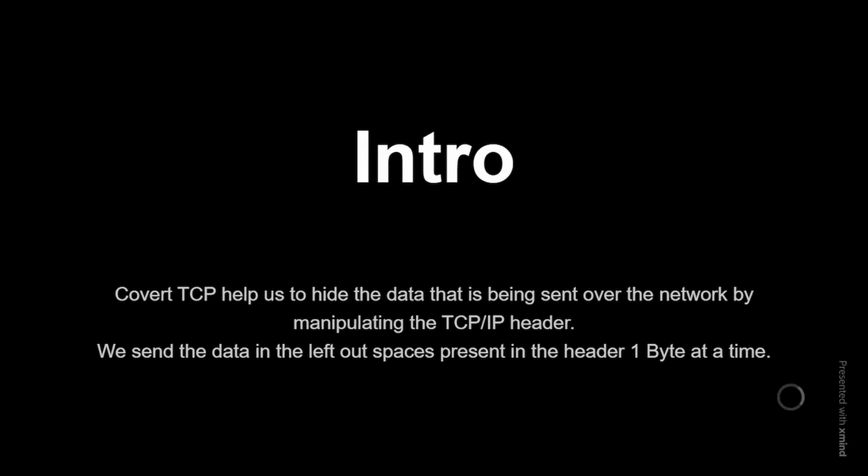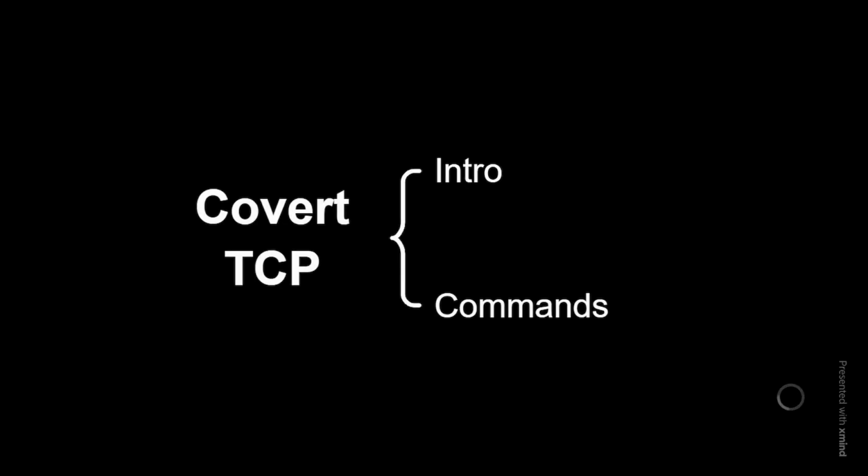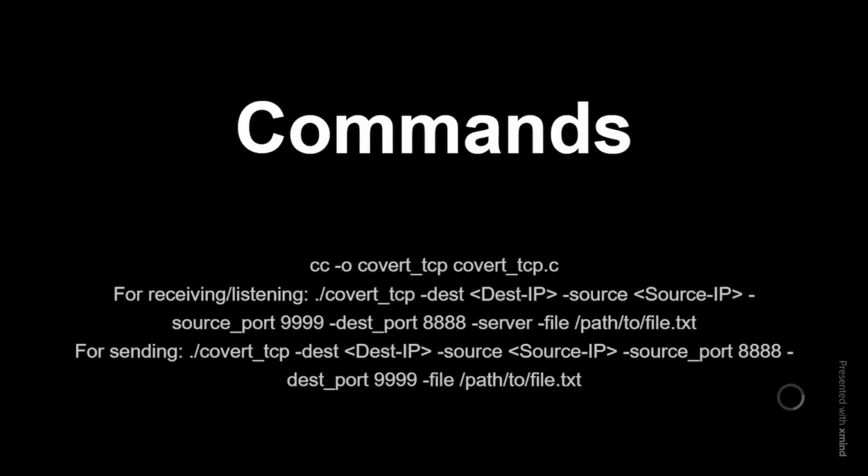There are two basic commands that we require. One is for when we are listening for the TCP covert connection, and the other for when we are sending it. This is basically a structure format which we can utilize, and this is covert_tcp.c.